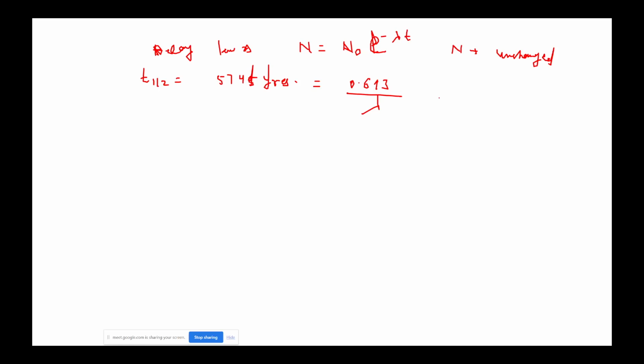Okay, so I hope you got this problem, and if not, let me solve it for you. After this, you will get lambda equals 0.693 divided by 5745 into 365 into 24 into 3600, because it is in years, so you have to convert it to seconds.